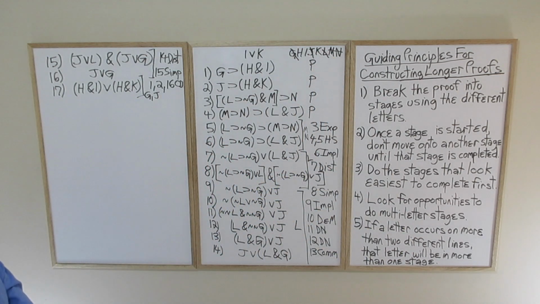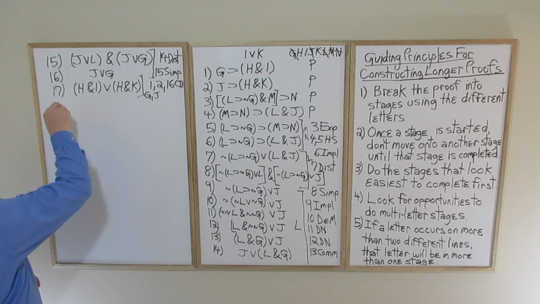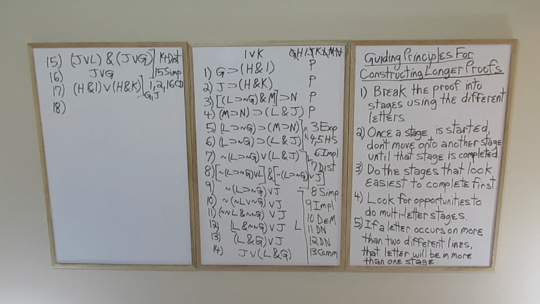Given that we want I and K related information in the conclusion, all we have to do is focus on the H related information. You've guessed it, we've got another distribution. Here, handily enough, we've got the information in a form where we can do a distribution.